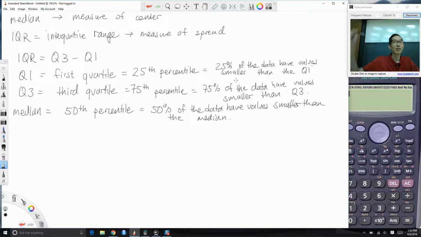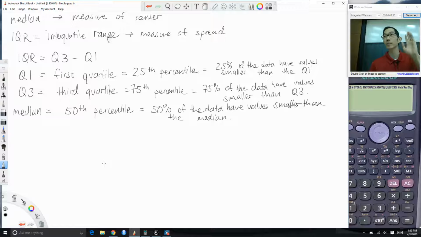Then the 75th percentile, say $1,500. We're saying 75% of the class has less than that, whereas 25% have more. Does that make sense?